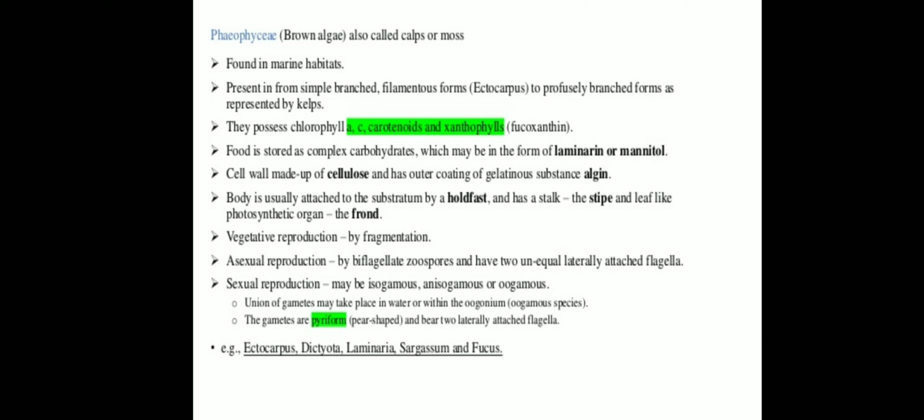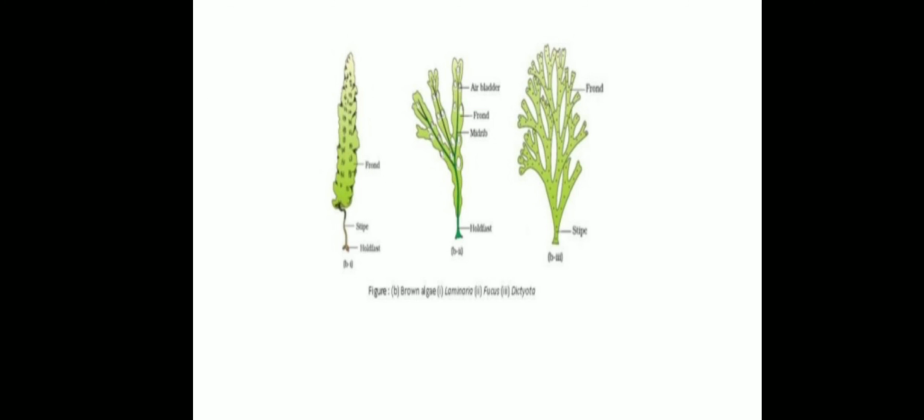So generally the body of brown algae is divided into holdfast, stipe, and frond. The type of reproduction may be vegetative, asexual, or sexual. Examples of brown algae are Ectocarpus, Dictyota, Laminaria, etc. These are the pictures of this kind of algae.